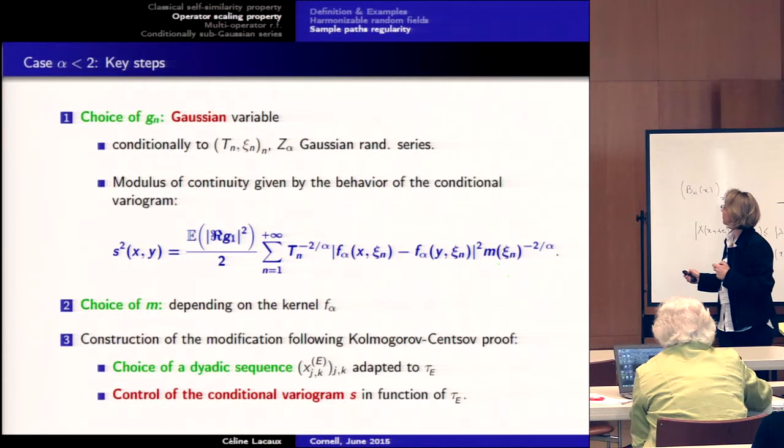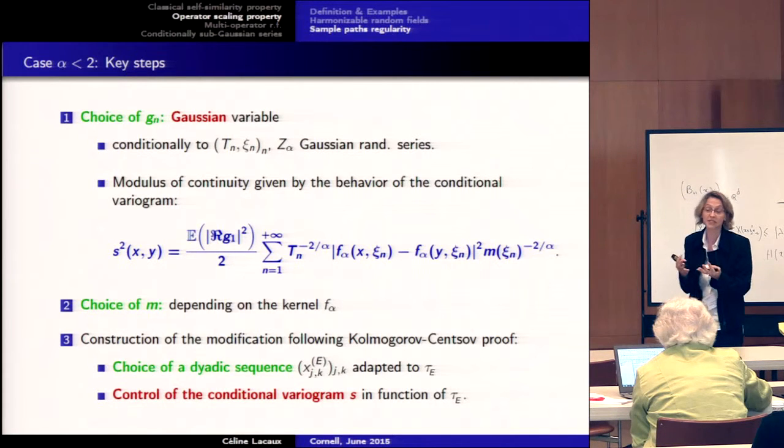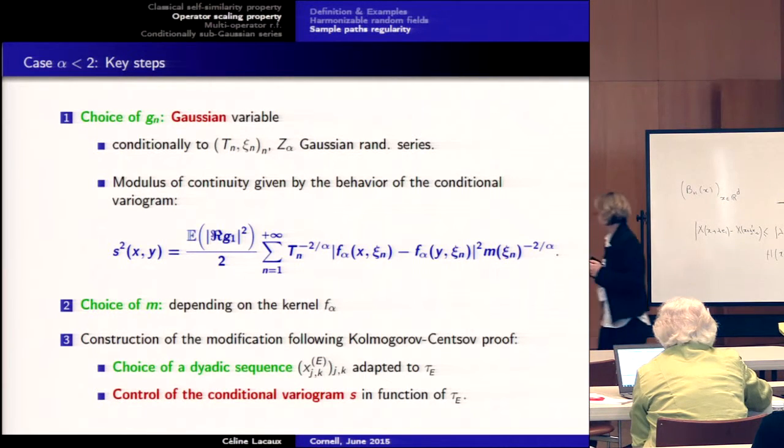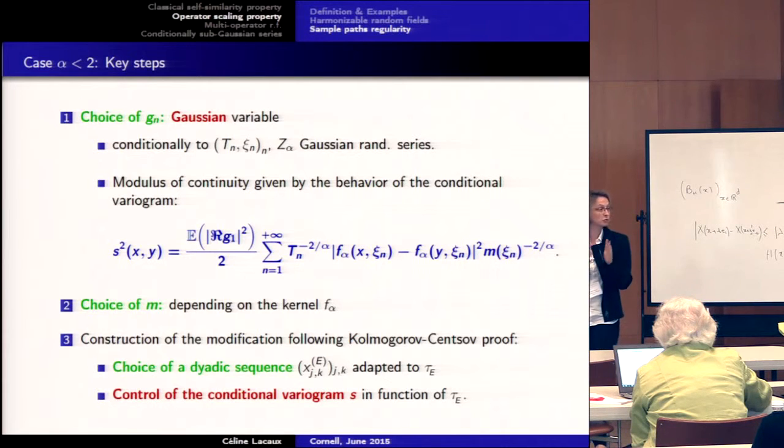So you see that I still have my M, and so M will be given by the behavior of your kernel. You choose it as best as possible to have the best upper bound for your modulus of continuity. And that's not all. To conclude, we need to follow the proof of the Kolmogorov theorem. So in the Kolmogorov theorem, you choose all the dyadics. You control the differences of dyadics. Except that here I do not want to have a control by the Euclidean norm.